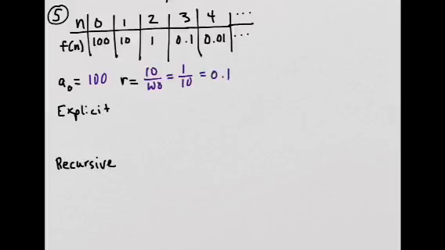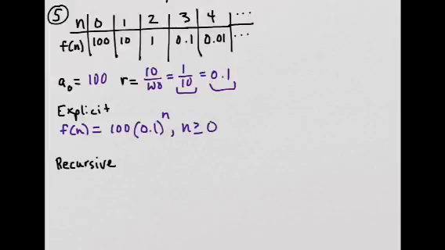Okay. So the explicit formula or rule is going to be f of n equals the initial number, which is 100, times the ratio. Again, you could put it in either as a fraction or a decimal. It doesn't matter. I'll put it in as a decimal to the n for all n greater than or equal to 0.